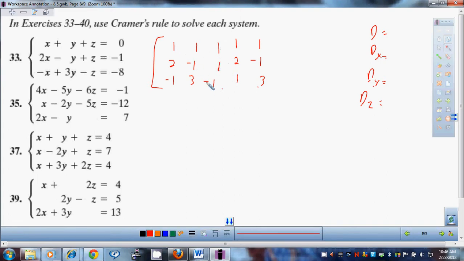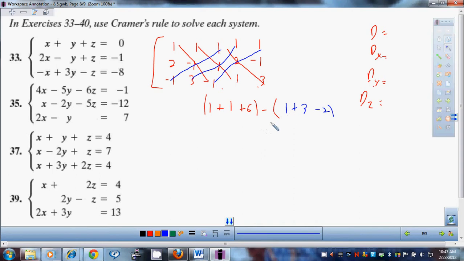Diagonal method. 1 plus 1 plus 6 minus, you go the other way. 1, whoa, almost, plus 3 minus 2. So you've got 8 minus 2, which is 6. So D is 6.